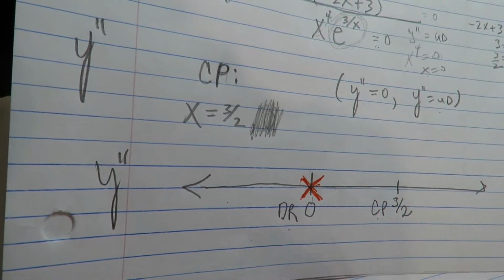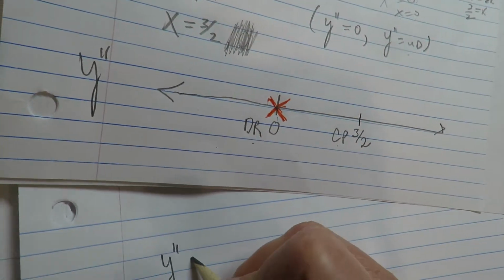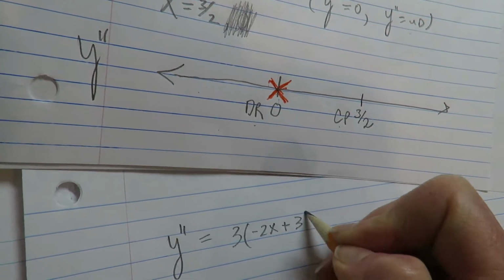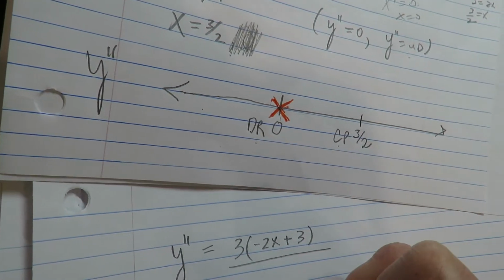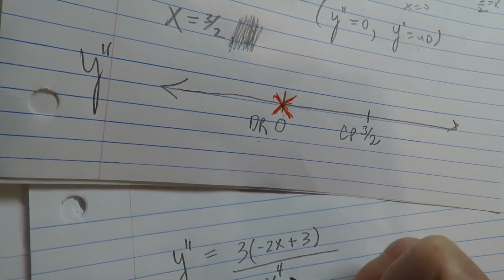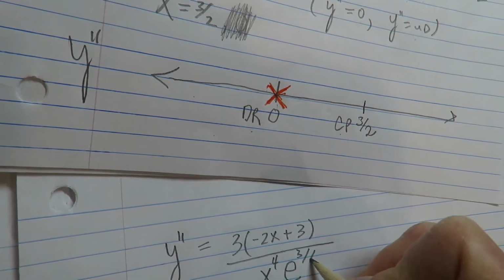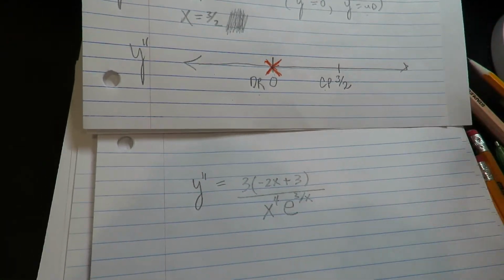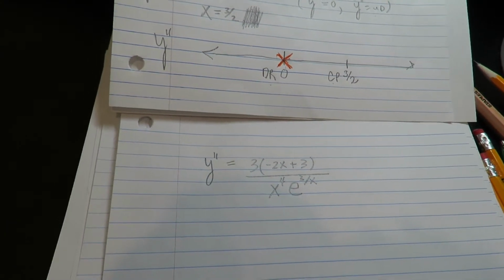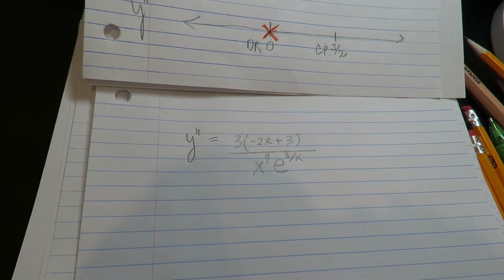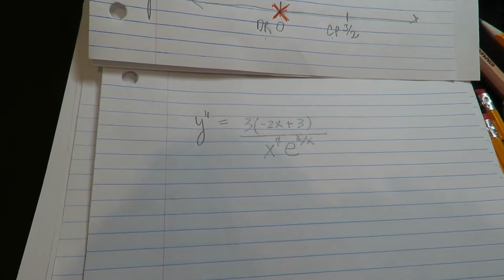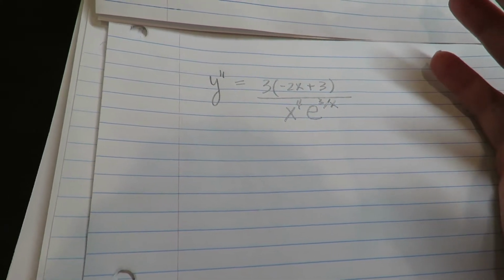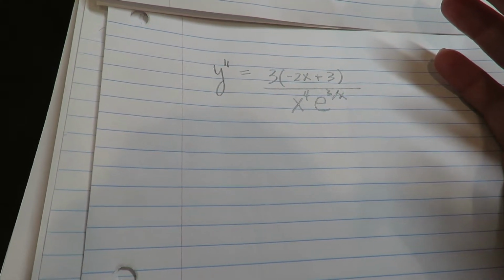So let me write it down here. Now, I mentioned this in the lecture and I'm going to mention it again because it's really important. When you're putting in so much work and time, if you can make the problem a little bit easier for yourself, you should take a moment to figure that out.